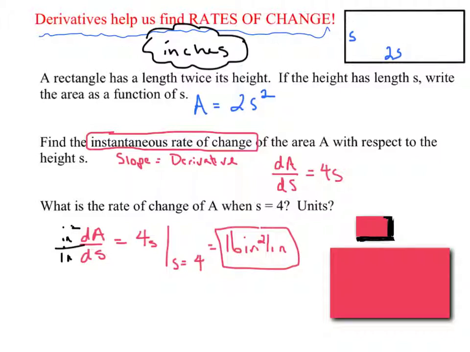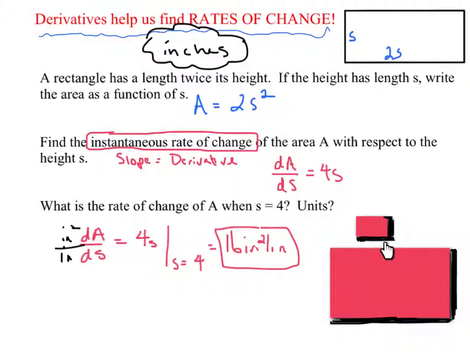Now, on the big rectangle, let's say I want to add about the same amount. I'm just going to add the same thickness around the edges, like this. So again, just making my rectangle a little bit bigger. I kept the ratio the same, but I added some thickness. I added about the same amount to each side, and yet I added a lot more area to the bigger rectangle.